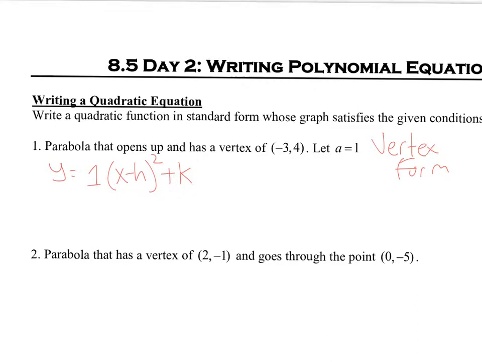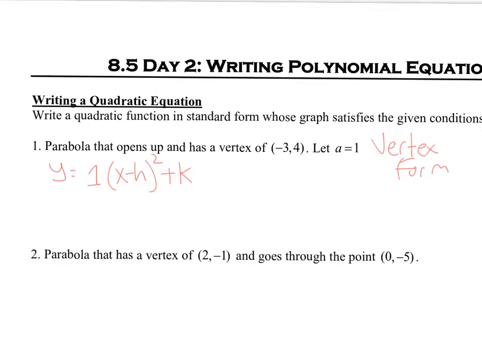And now it tells me the vertex is -3, 4. So I just need to plug in the -3 and the 4 for h and k. Remember, when we started with the equation, we would use the value that was here and here to give us the vertex. So let's plug in.